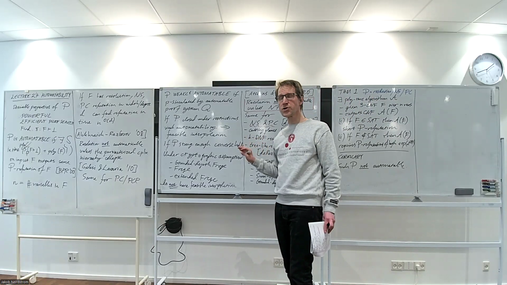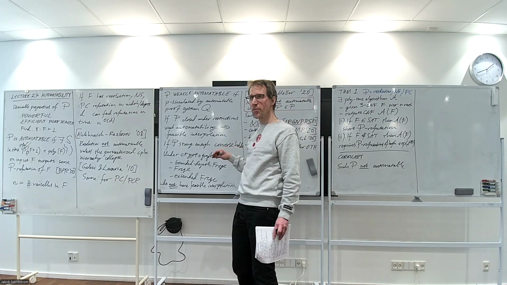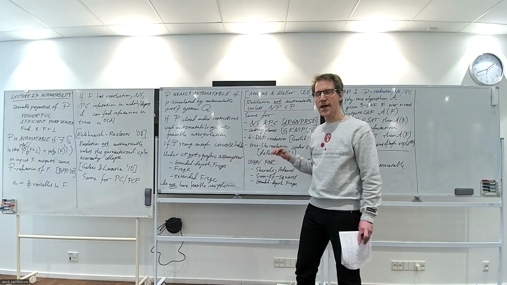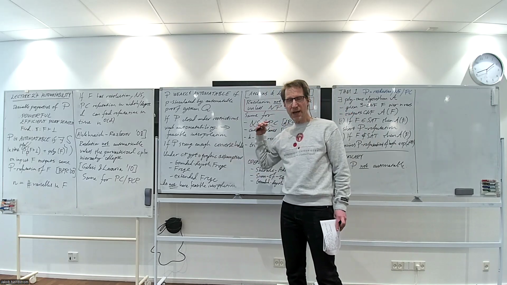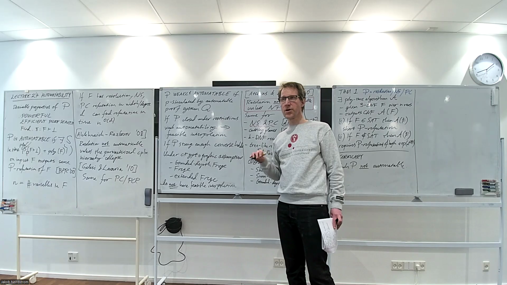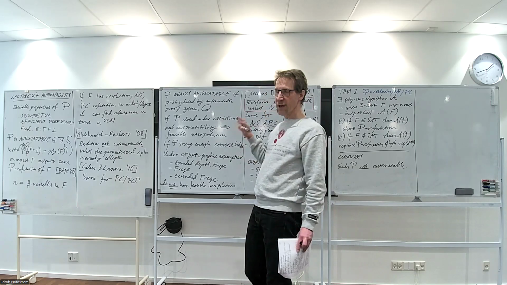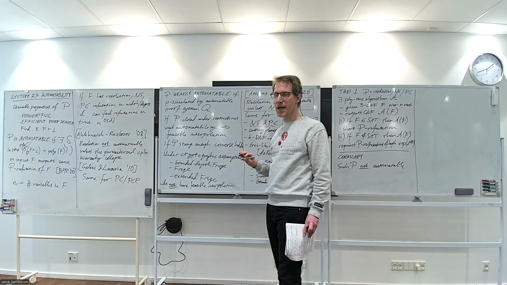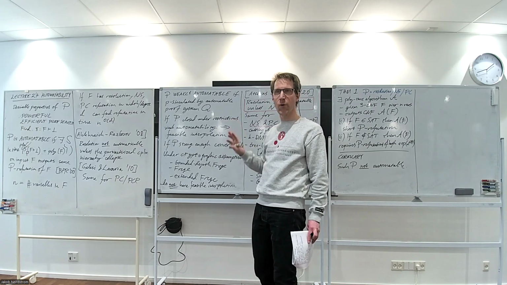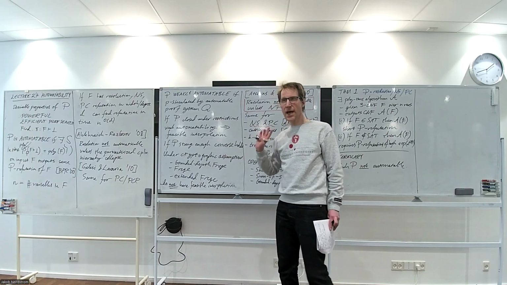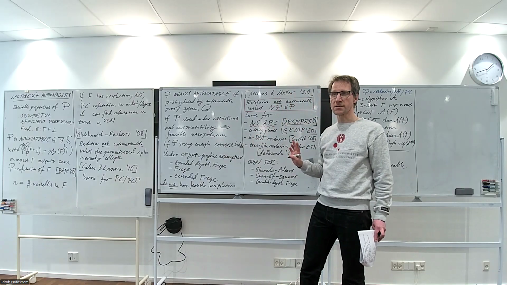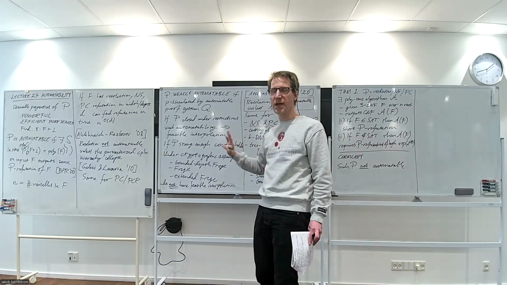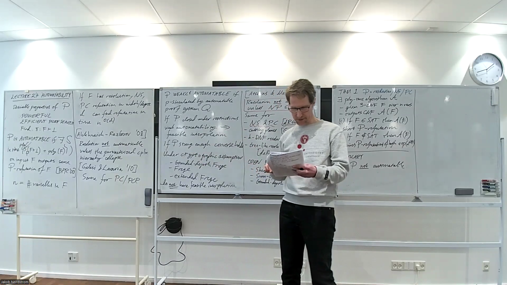If you say that resolution is automatable in quasi-polynomial time, so n to the log n to the k, then you place NP in quasi-polynomial time. If resolution is automatable in strictly sub-exponential time, so n to the little o(1), then again you place NP in the same complexity class. So I won't write this down, but whatever assumptions you make about NP carry over exactly.